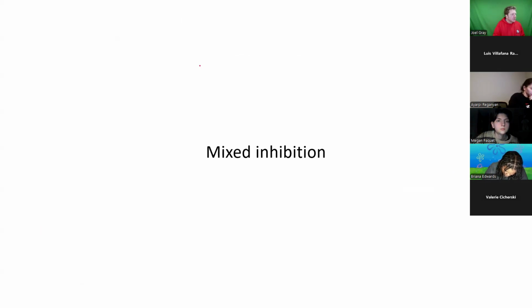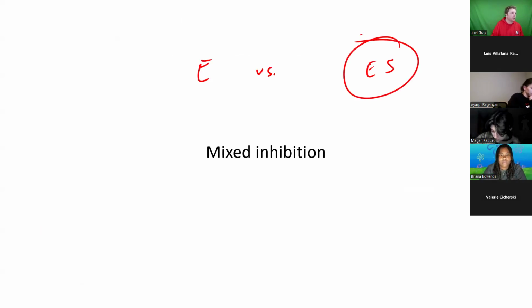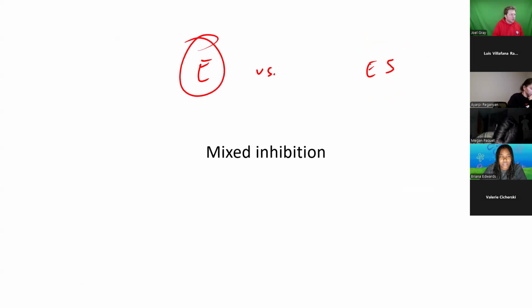So when you look at E versus ES, what does an uncompetitive inhibitor want to do? Boom. What does a competitive inhibitor want to do? Well, it wants to ignore ES and instead go to free E. So between a competitive and an uncompetitive inhibitor, I think it's helpful to think about the potential species that are formed: EI, ES, ESI, and so on.